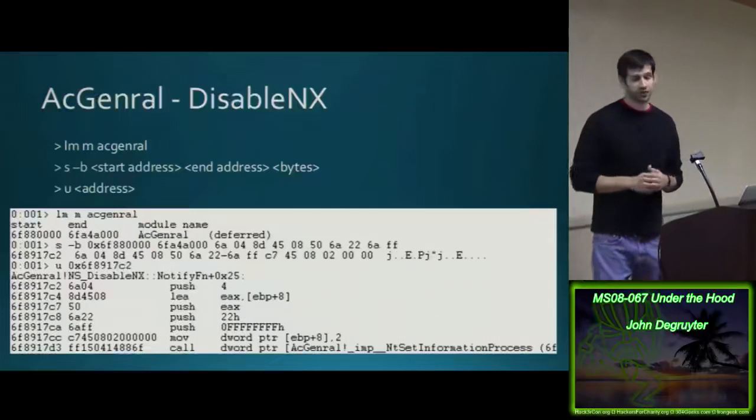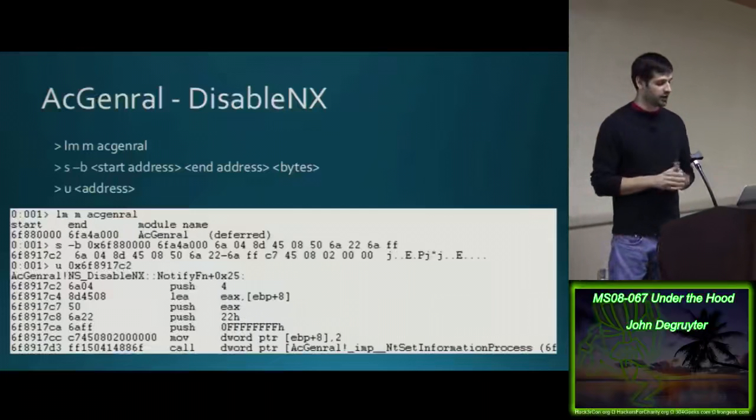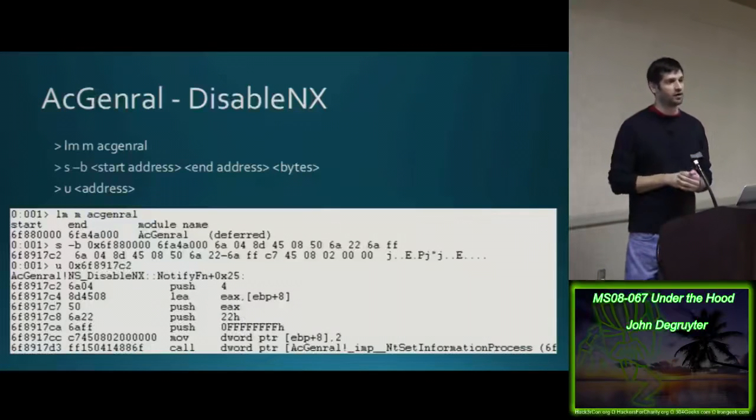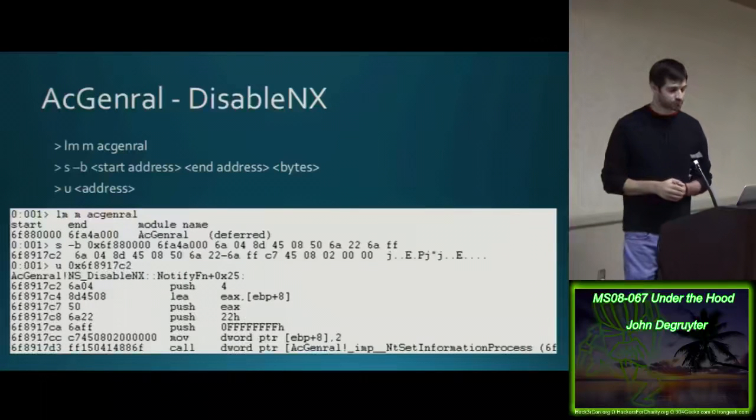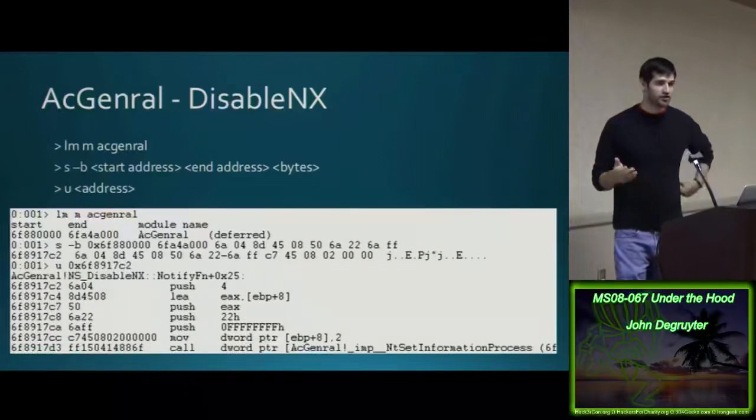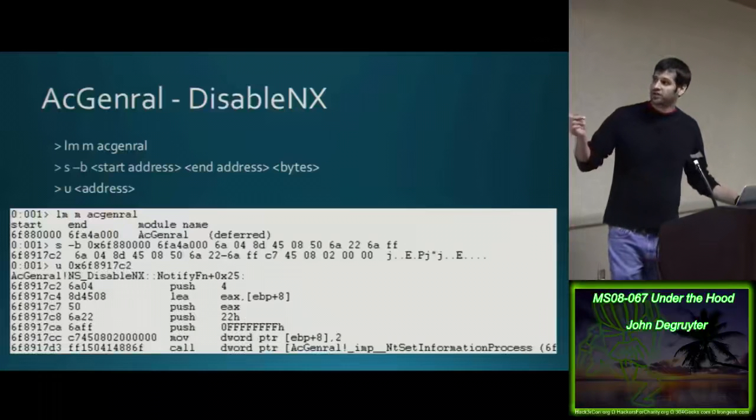6F8917C2, which we've seen before, which is the address for turning off the NX bit, or turning off DEP. And we see that push, LEA, push, push, push, move, call. We see those instructions again. And what we actually did, we searched for the byte pattern 6A048D45.